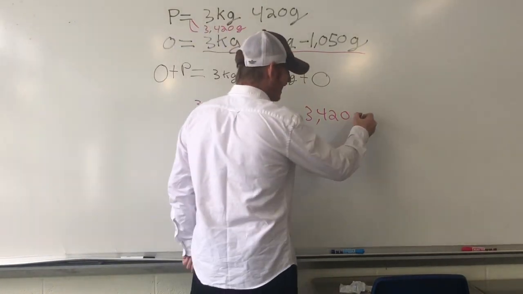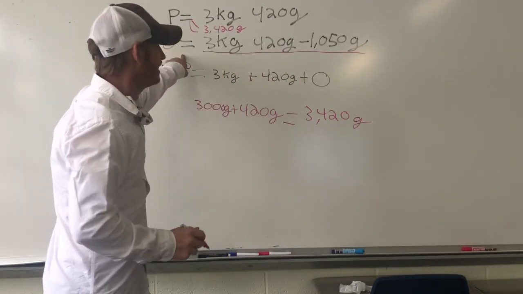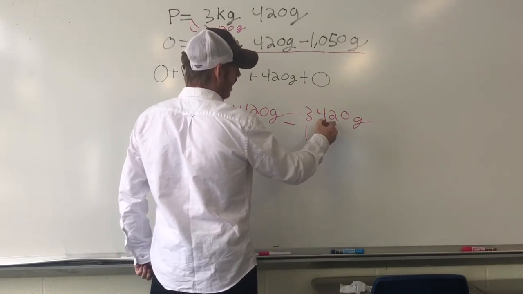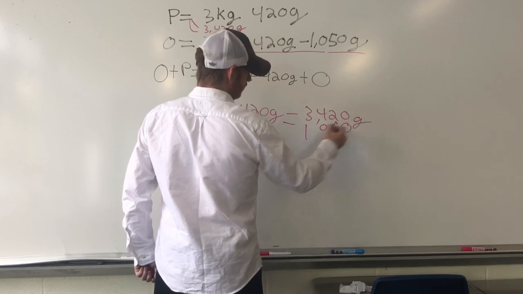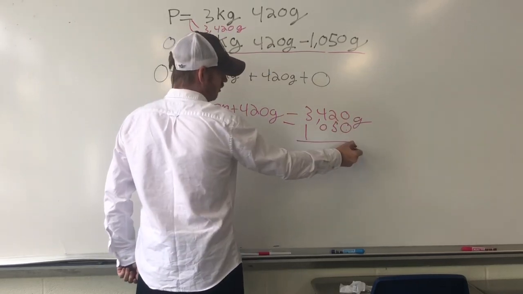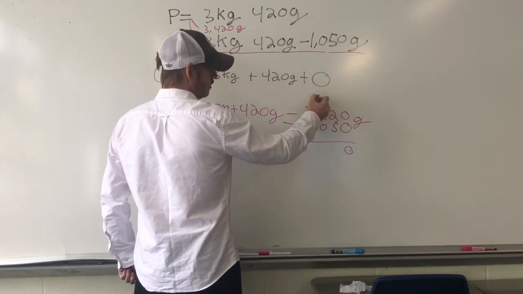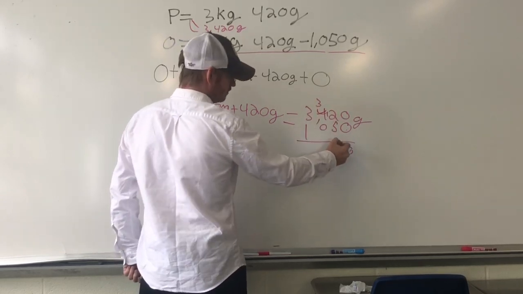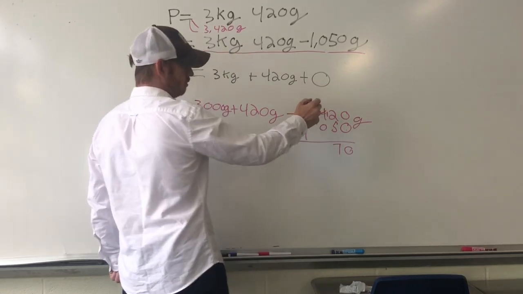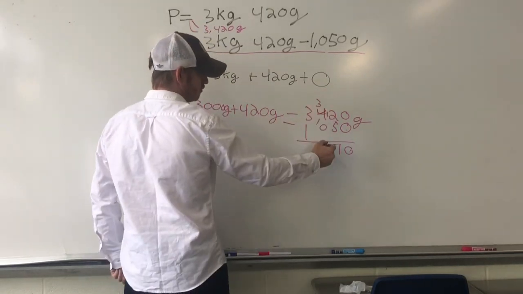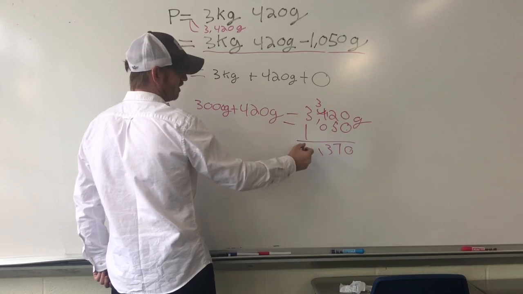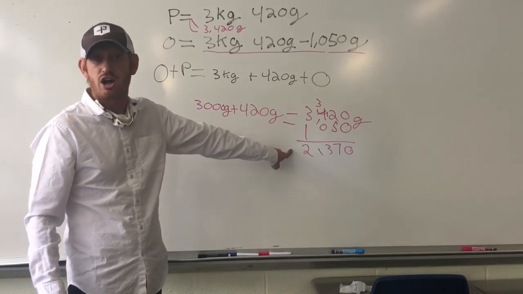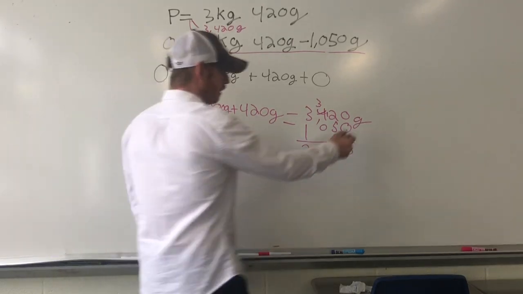Now that it's in grams, I can easily subtract my onion, because my onion is in grams. 1,050. 0 minus 0 is 0. 12 minus 5 is 7. 3 minus 0 is 3. 3 minus 1 is 2. 2,370 grams.